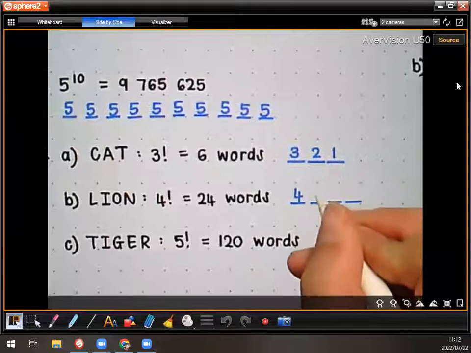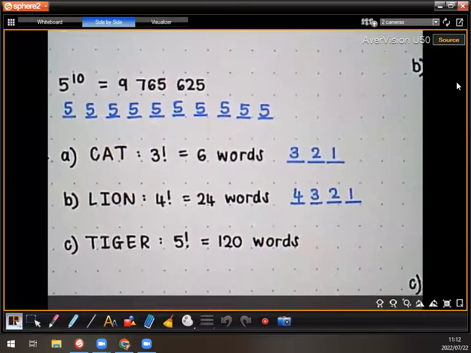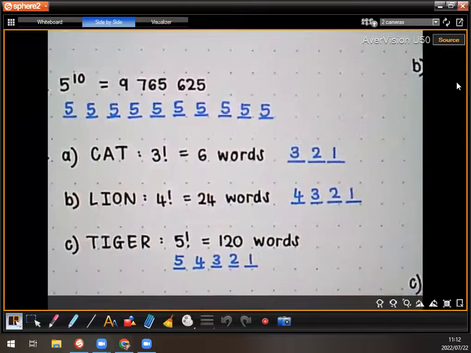So 4, and then 3, and then 2, and 1. And for the last one, for tiger, there are 5 letters to choose from. 5 and 4, 3, 2, and 1. Right? Yes, I think it's really easy.